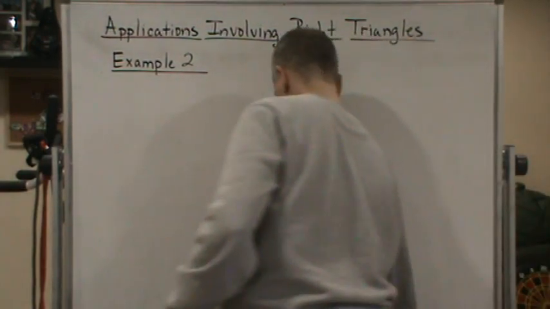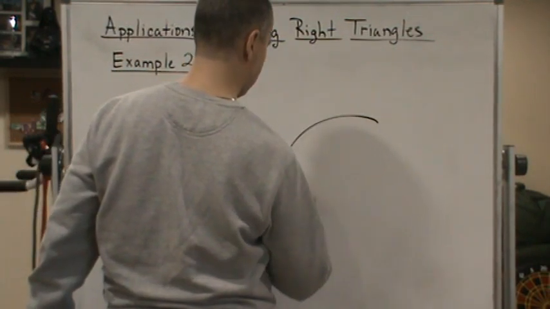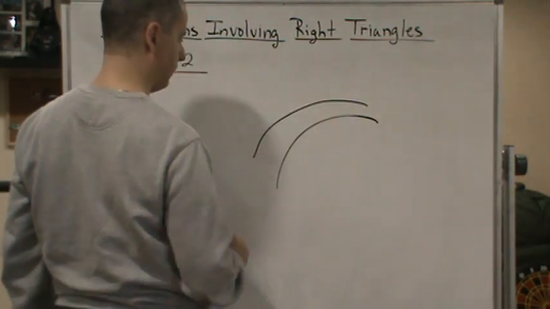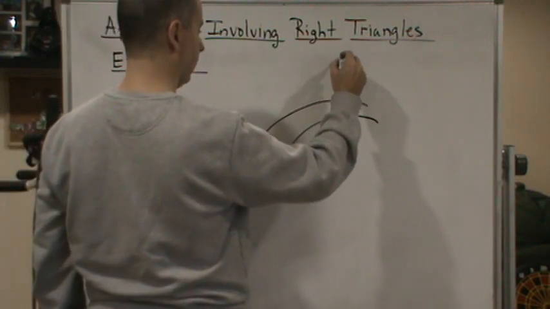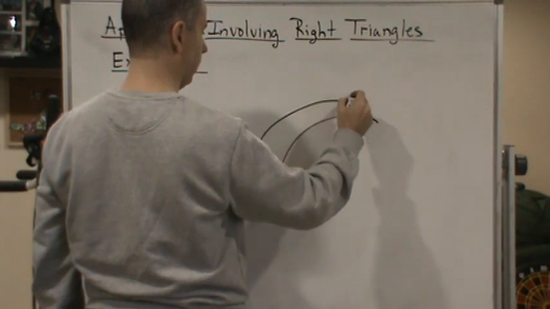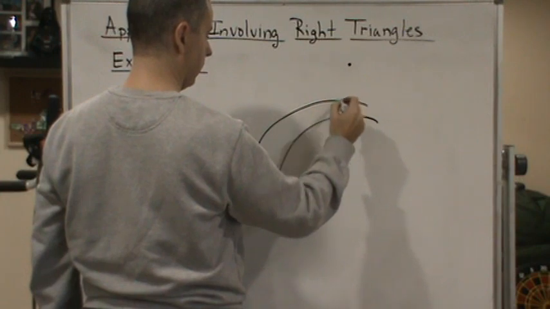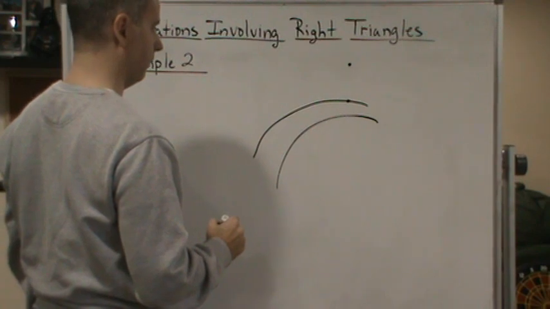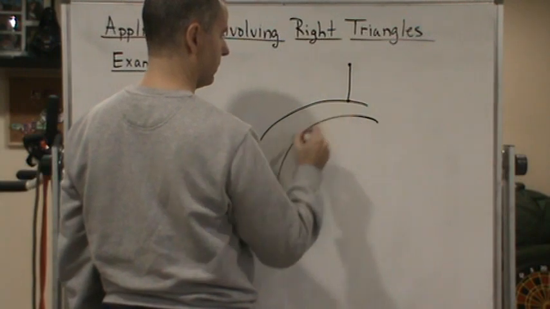Okay, let's say we've got this bike path, and so we've got this distance here.